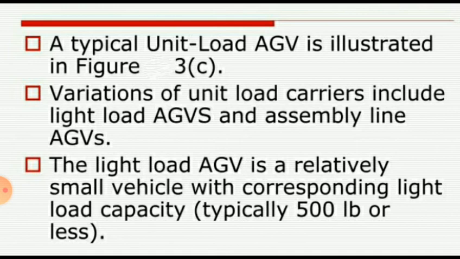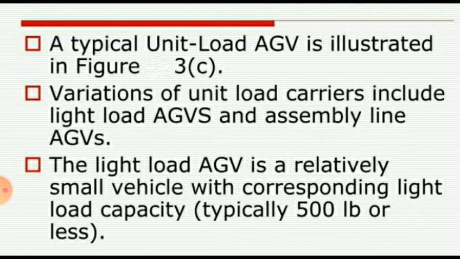So variations of unit load carriers include light load AGVS and assembly line AGVS. Light load AGVS are designed to move small loads, that is single parts, small baskets, through plants.